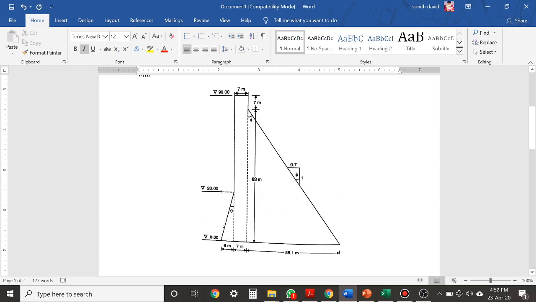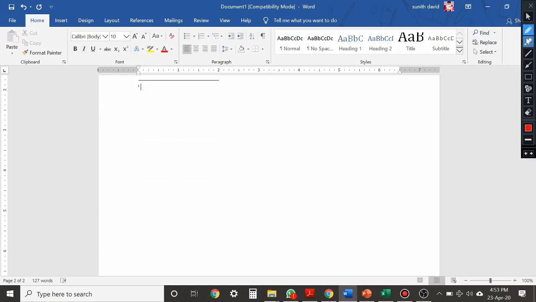Also, since the upstream face of the dam is inclined, you have to consider the weight of the water column at the upstream side. For that, you have to take the self weight of the water column in the upstream direction.